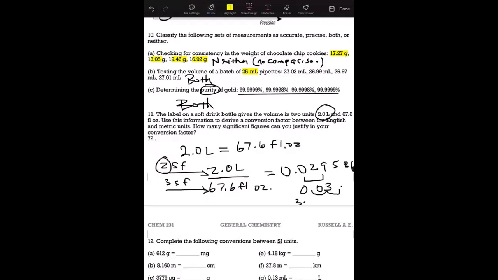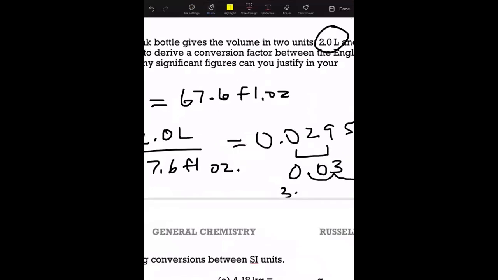Dang it, running out of space. So 3.0 times 10 to the minus 2 liters per 1 fluid ounce.